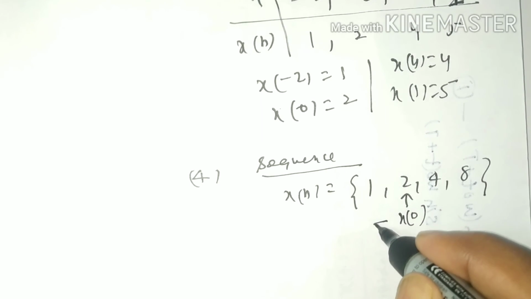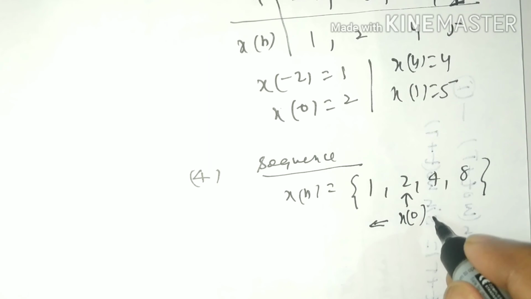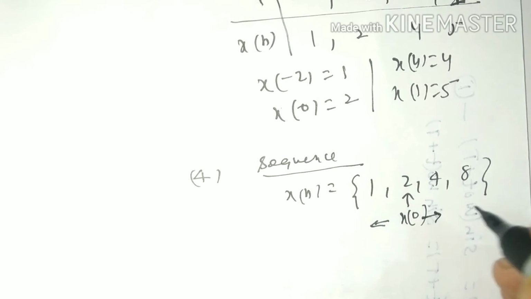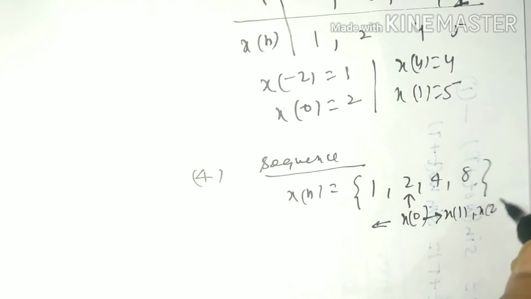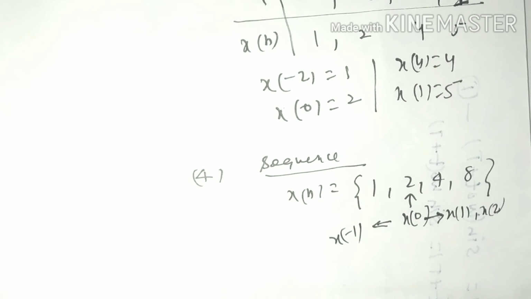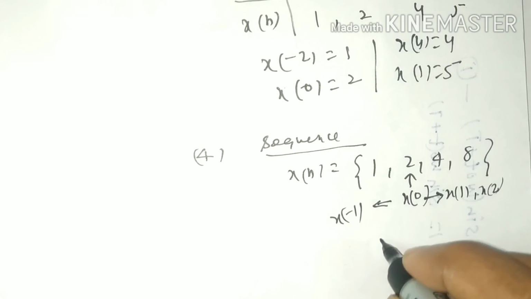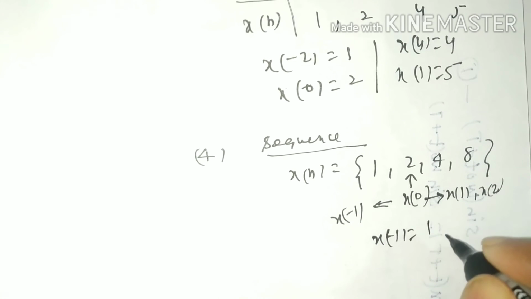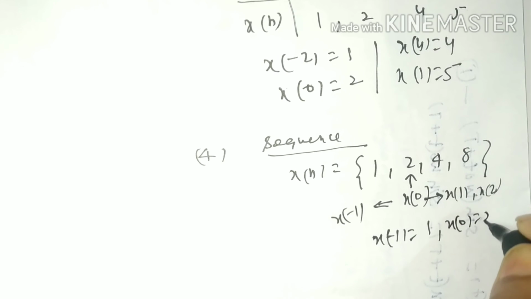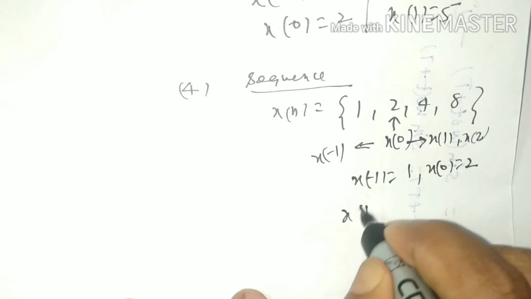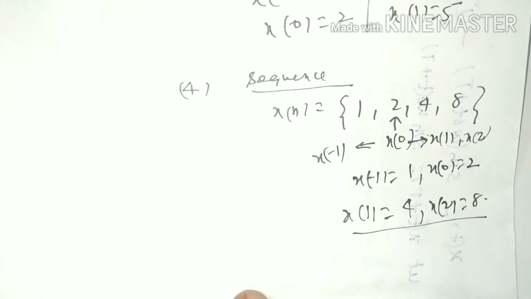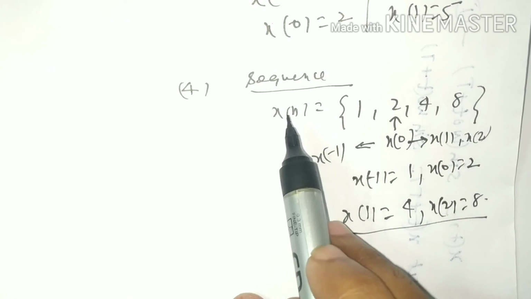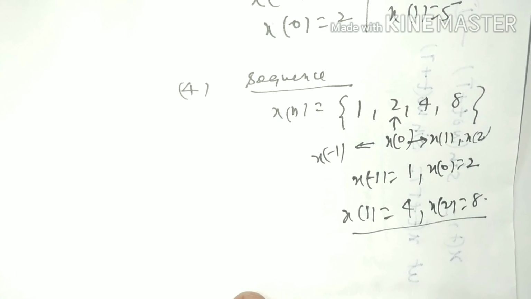We can go by decreasing 1 on the left side and by increasing 1 on the right side, and you will get x[1], x[2], x[-1]. So the values are x[-1] equal to 1, x[0] equal to 2, x[1] equal to 4, and x[2] equal to 8. In such a form we can represent the sequence representation.